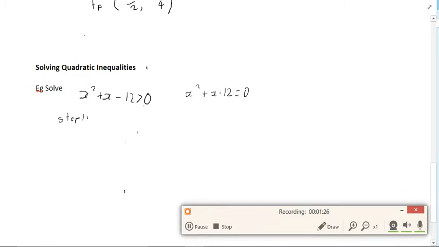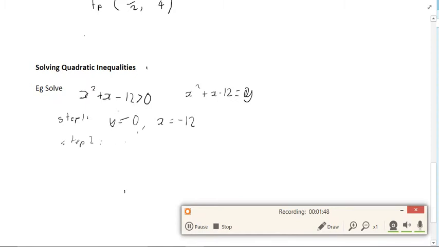Alright, so step 1, because we're not actually looking at the y-intercept here, that's not important. If you found the y-intercept, that'd be great. The y-intercept would be -12, because when x is equal to 0, y would be equal to -12. The important point here would be finding the x-intercepts.